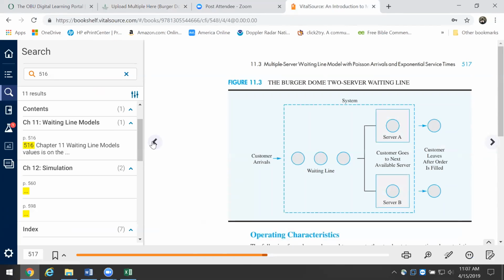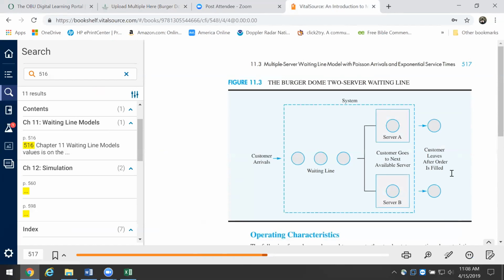If you look at it as a queue, in terms of its queuing, it has a system. It has people who get into the waiting line. These are inputs, okay? Then it has throughputs or processes, that's the servers, and then outputs. That is the people who leave after they've gotten their order filled.